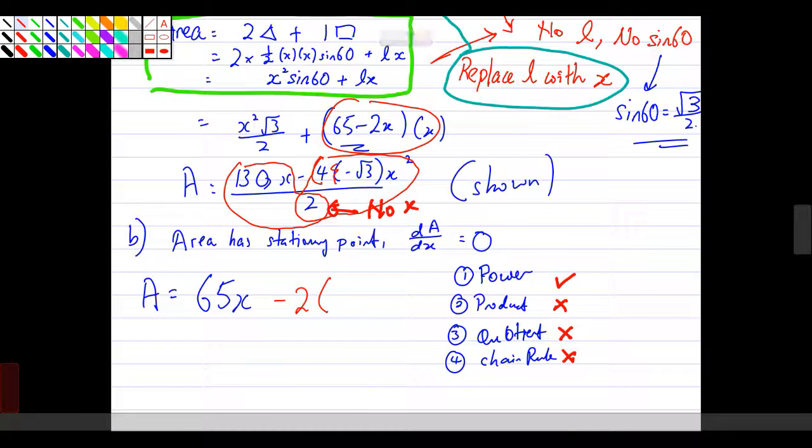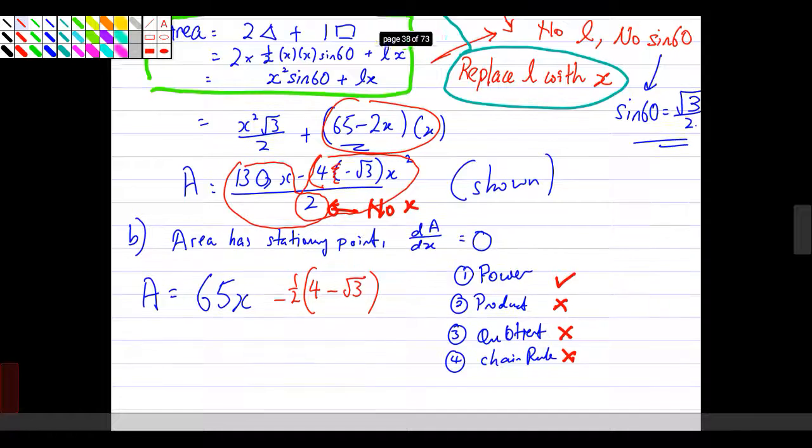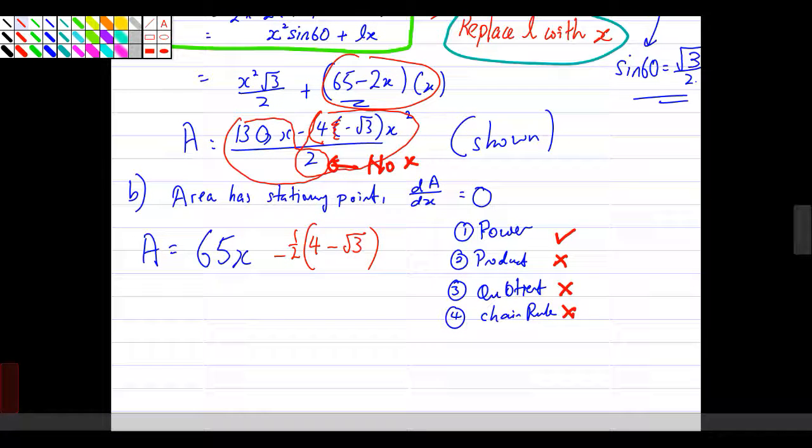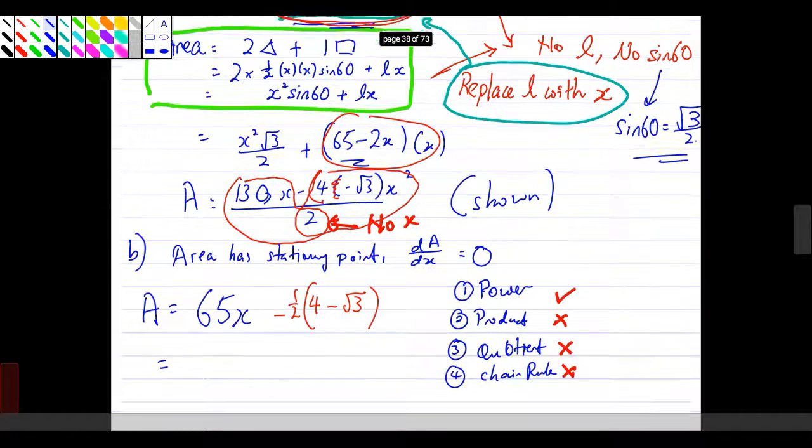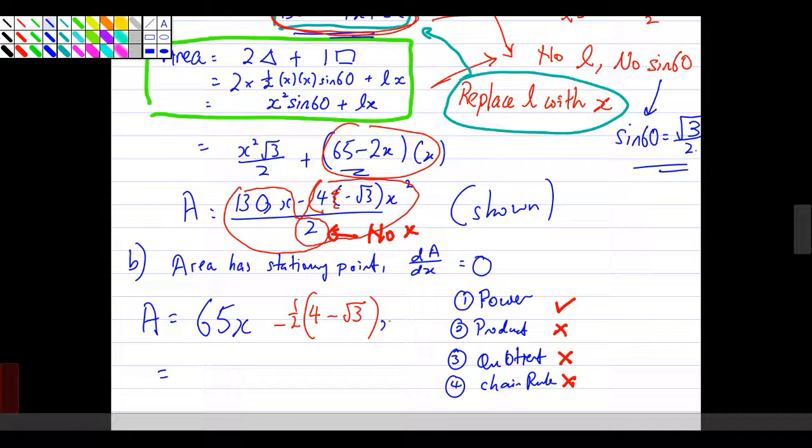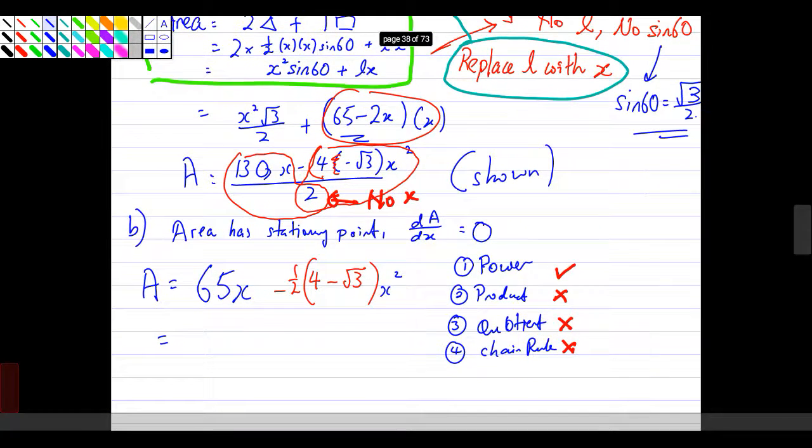Sorry, I wrote something wrong. This is 4 minus root 3, then there's a half here. Then if I expand this out again, there's an x squared now.